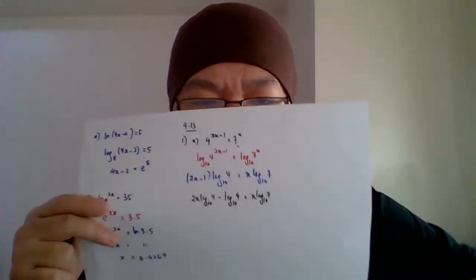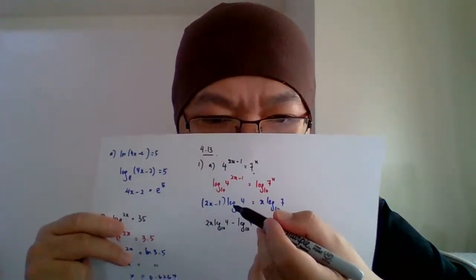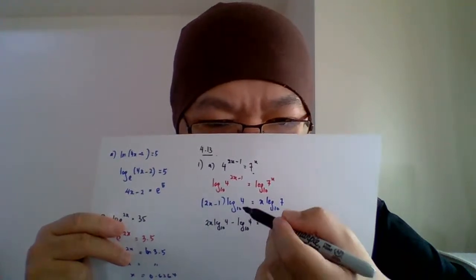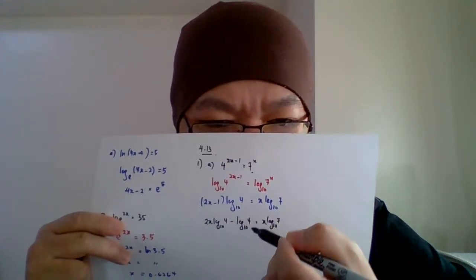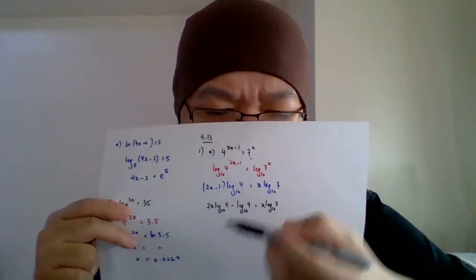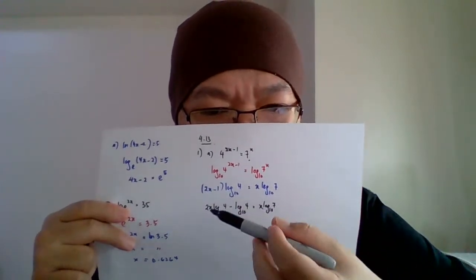So what we can do next is expand first. Don't forget negative 1 times log 10 of 4 equals negative log 10 of 4.